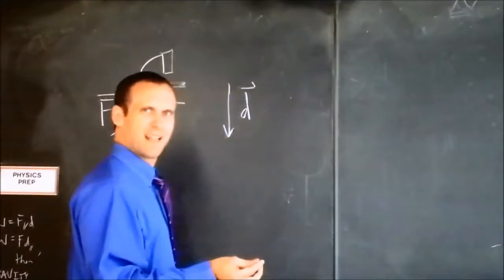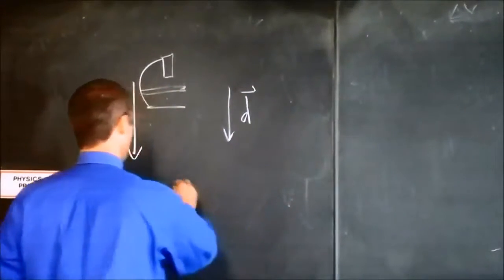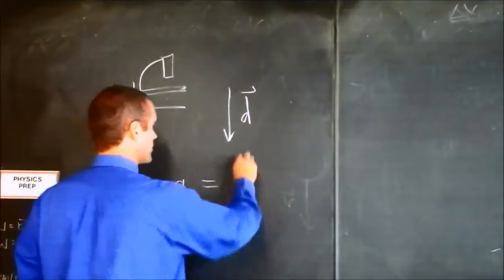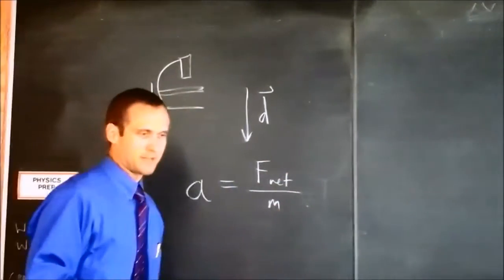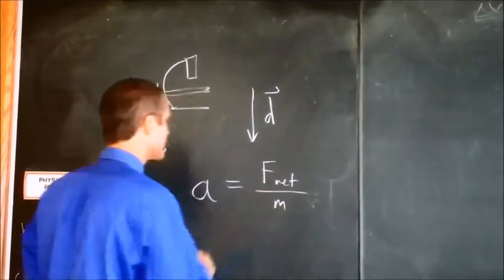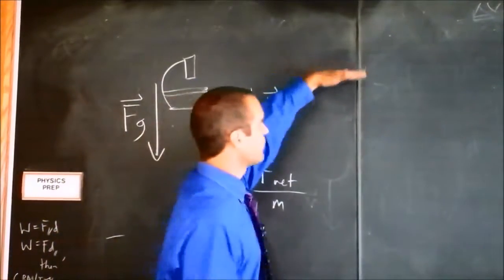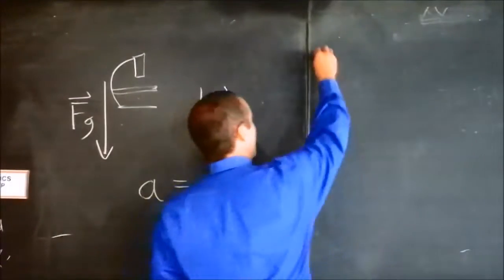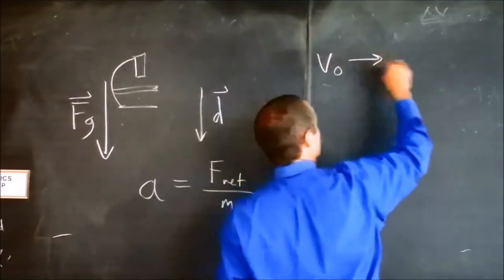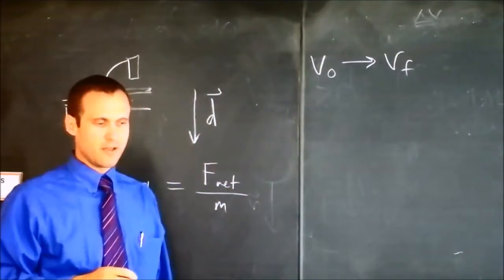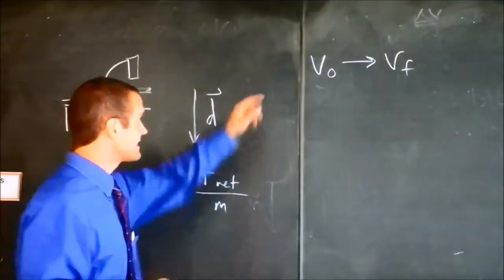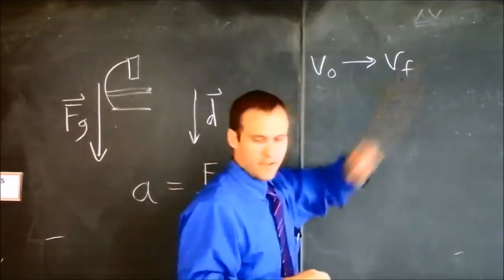Let's look at the acceleration of the microscope during the time that it falls. The acceleration is going to be the net force on the microscope divided by the mass of the microscope. So it starts with some initial speed, when the microscope was right here, and then the initial speed goes to some final speed right before it crashes into the ground. During that distance d, it's sped up to Vf.